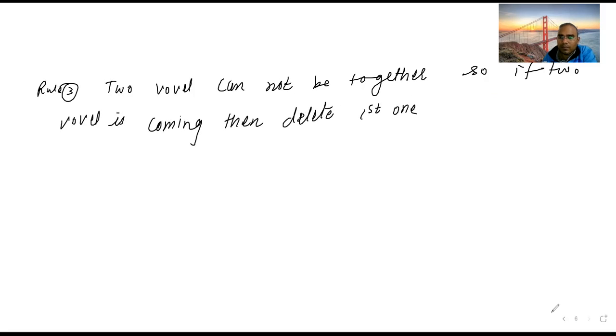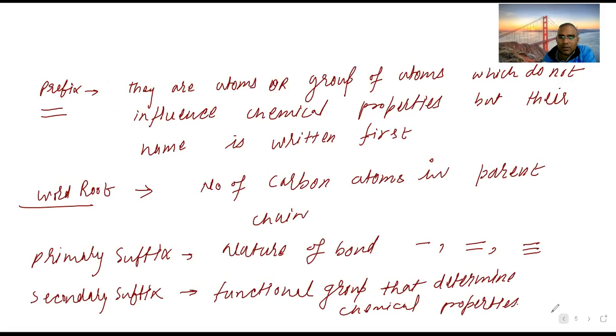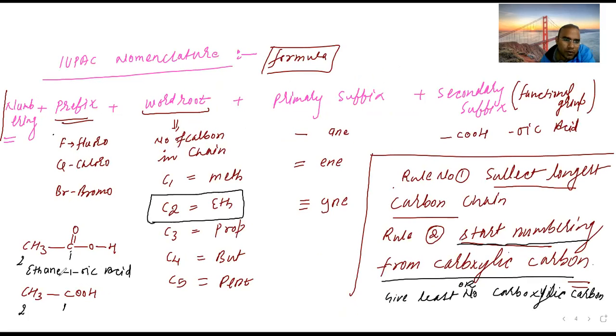So here, if two vowels are coming, E is a vowel and O is also a vowel. Which one do we have to delete?